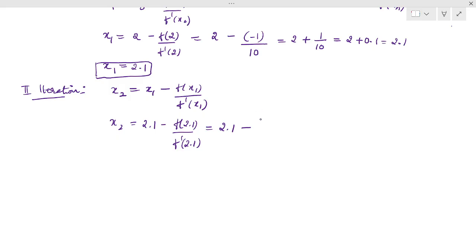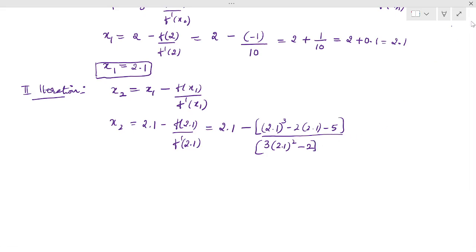I will write the equation. f of 2.1 is 2.1 whole cube, minus 2 times 2.1, minus 5. You know the f of x value, right? It is divided by f dash, and f dash is 3x square, with x value 2.1, minus 2, since the differentiation of 2x is 2.